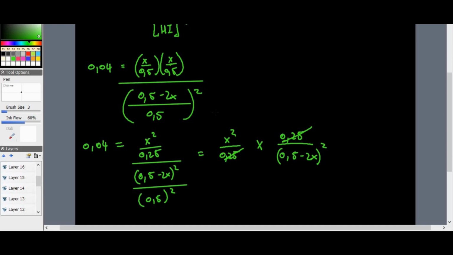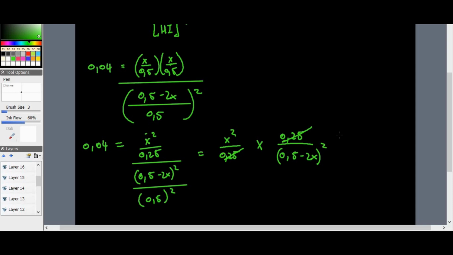So what we did here is we realized that we could take care of the top by multiplying the two top fractions, so we end up with x squared over 0,25. And then for the bottom part, we could break up the square to square the numerator and square the denominator. We end up with 0,5 minus 2x all squared over 0,5 all squared. If we separate it, we have this top fraction divided by this bottom fraction, so if we're going to multiply, they invert.